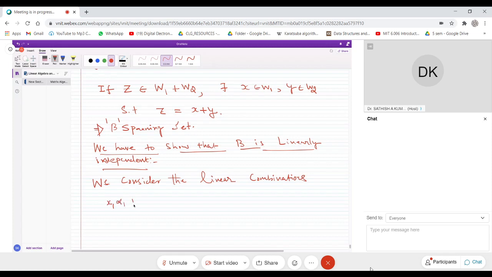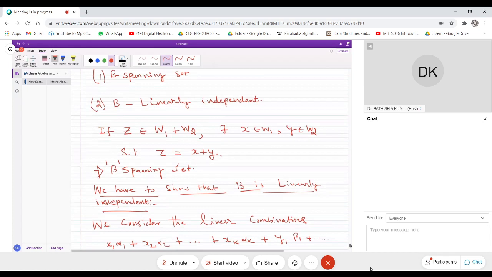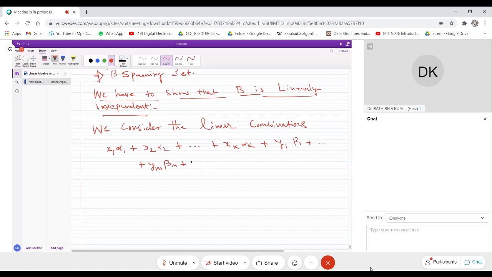Take x1 alpha 1 plus x2 alpha 2 plus, the first k vectors are there, so xk alpha k, plus y1 beta 1 plus etc. plus ym beta m, and then there are vectors gamma 1 to gamma n.